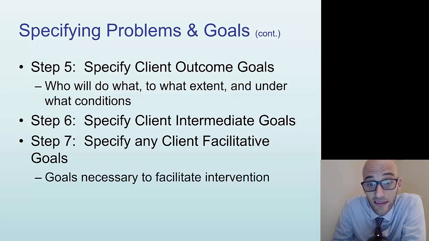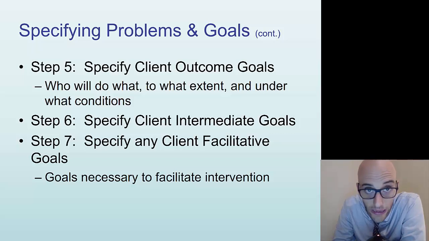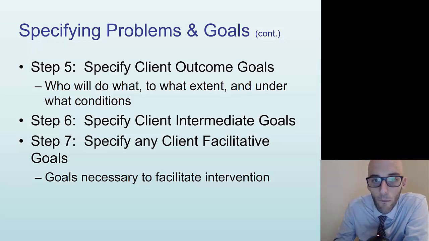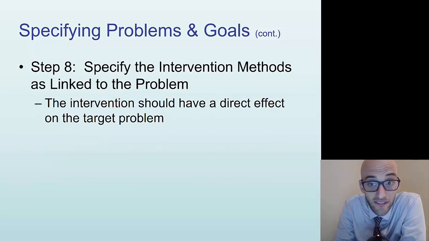And then step 7 is to specify any client facilitative goals. So things that are going to help you get to the outcome that you're really hoping for, whether that be buying nicotine gum or joining an exercise club or whatever it may be, helping you to facilitate your intervention. And then lastly, step 8 is specifying the intervention methods as linked to the problem.